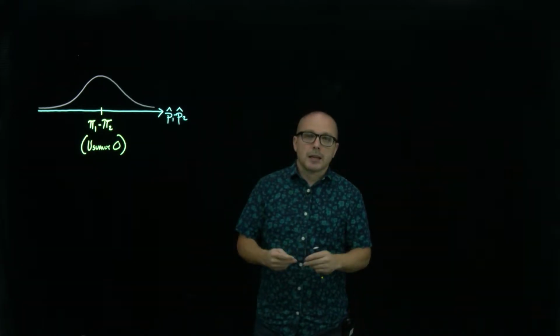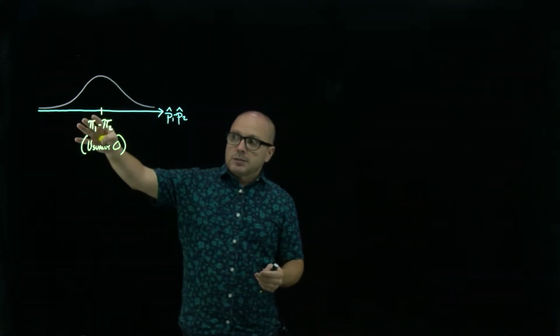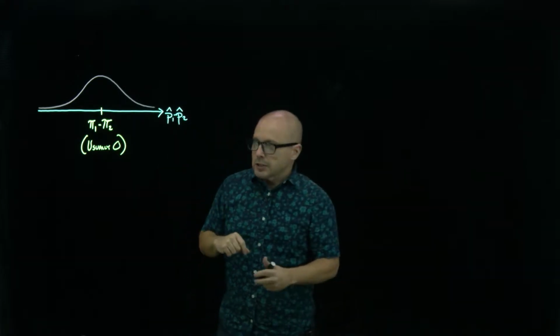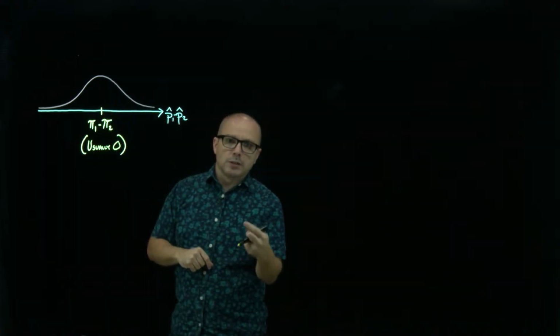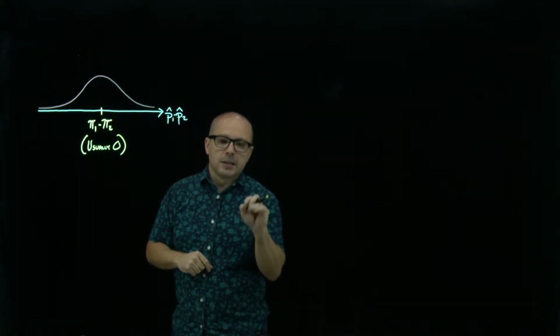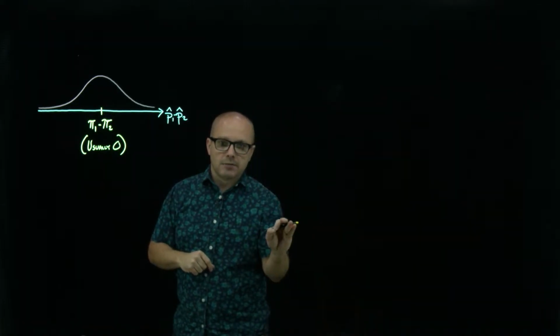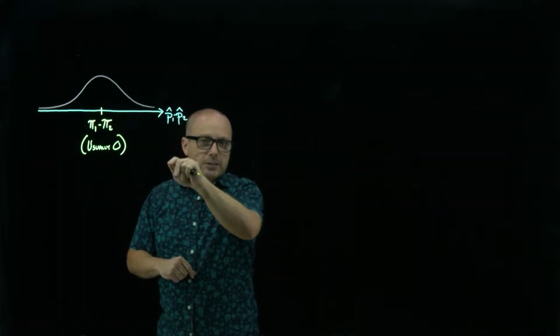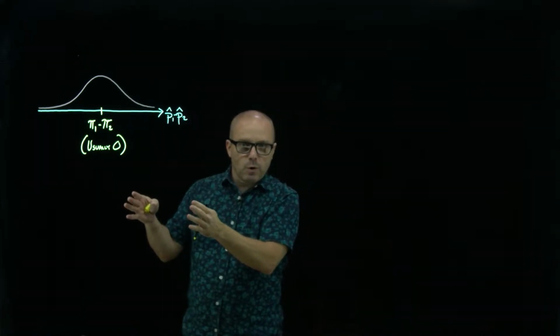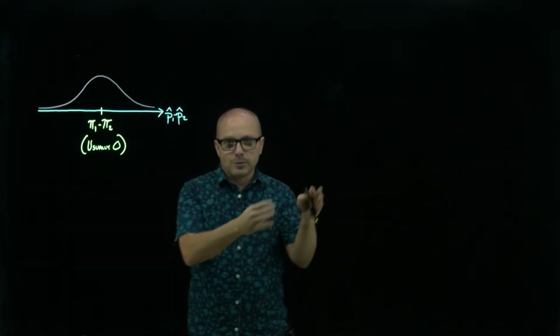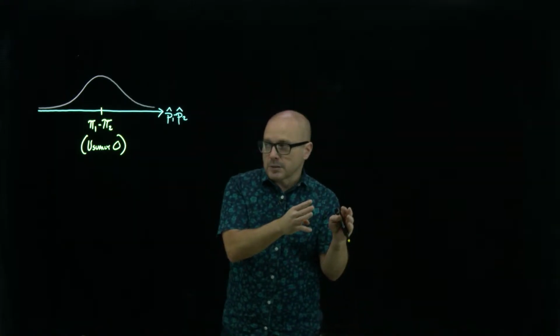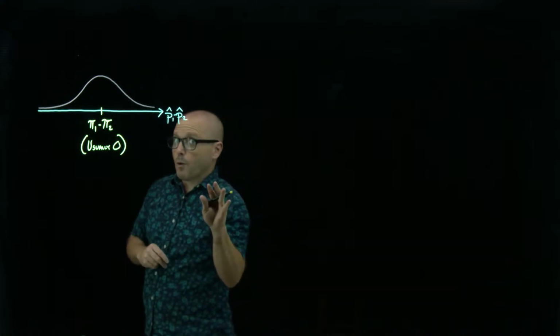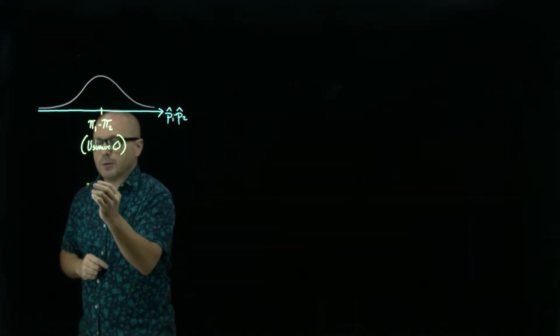And as always, this normal distribution comes with some conditions. And if you recall, for a single proportion, the validity conditions were at least 10 successes and 10 failures. Well, now there's two populations, right? So we're going to have a proportion from one that consists of successes and failures, and a proportion from the other that consists of successes and failures. So all four of those have to be greater than or equal to 10.